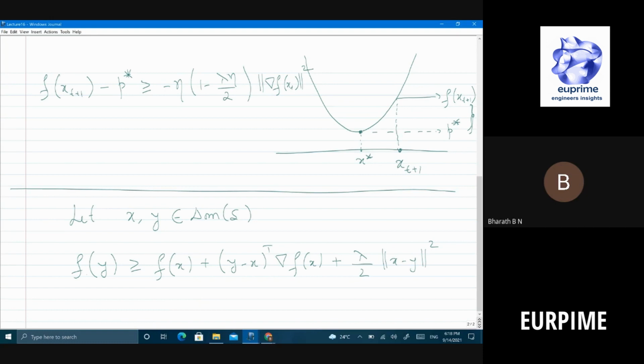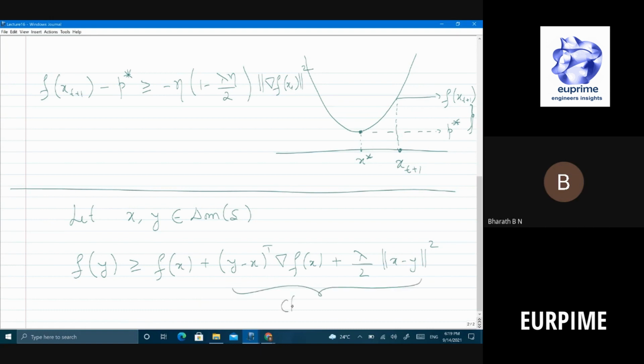This is greater than or equal to the right hand side, and I'm free to choose this x and y. Now I'll choose y such that the right hand side is as close as possible to the left hand side. How do I choose y? I have to choose y such that this is minimized, right?